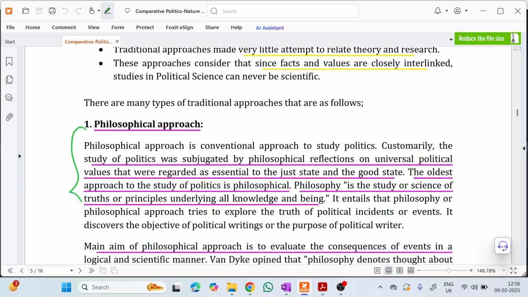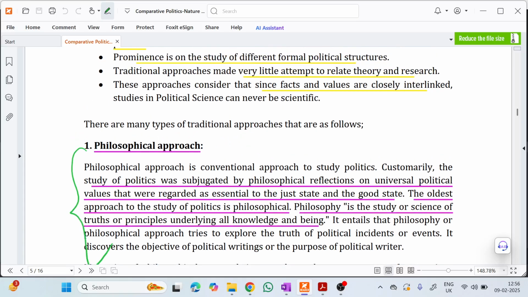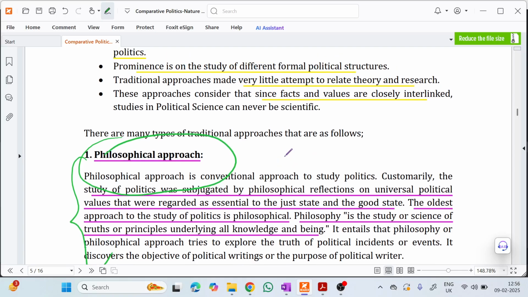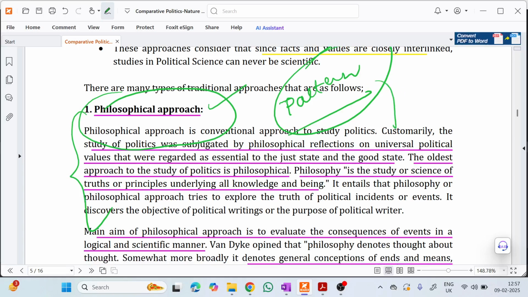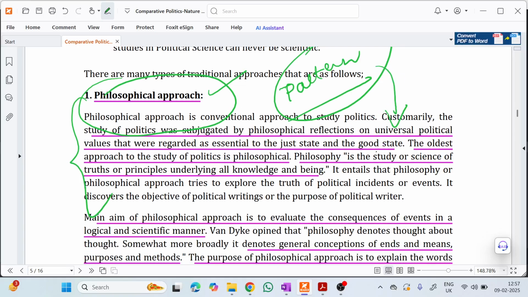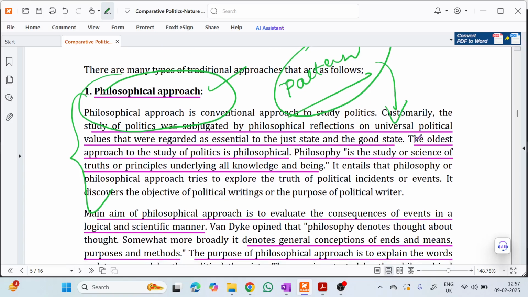Anyway, in short, the gist of the whole explanation was that the philosophers of that time tried to find the patterns in the political activities of that time, and according to them, the root actor of such pattern finding activity was thought.